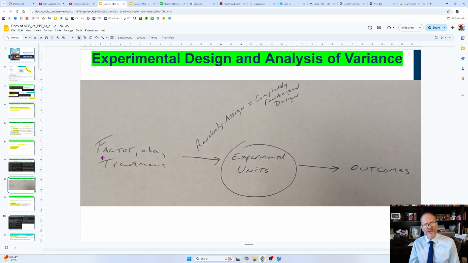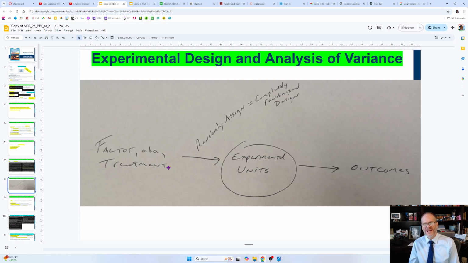If we wanted to see the impact of different diets on weight loss, the factor would be diets, and the treatments would be the different diets, like keto, Mediterranean, fast food.